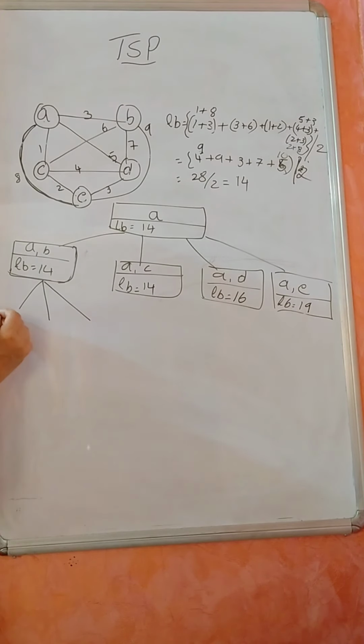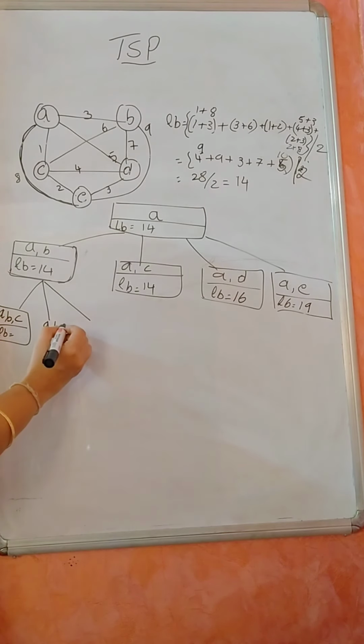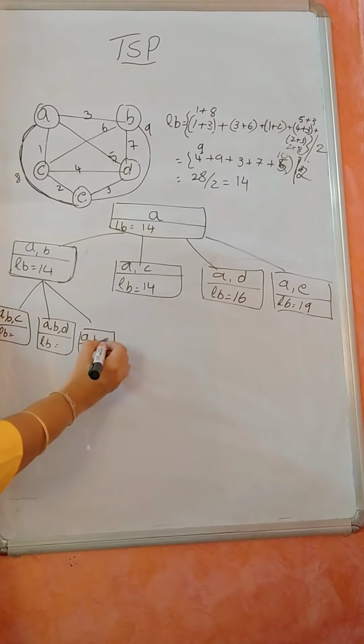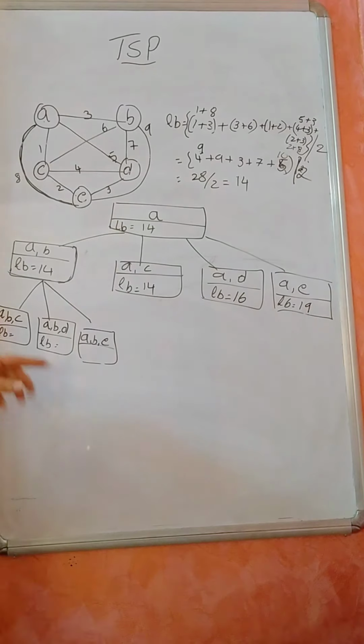I can travel to the C. Now A, B, I will move to the D. Compute the lower bound. Now I will move from A to B, B to E. 3 options are there: from B I can move to the C, from B I can move to the D, from B I can move to the E.